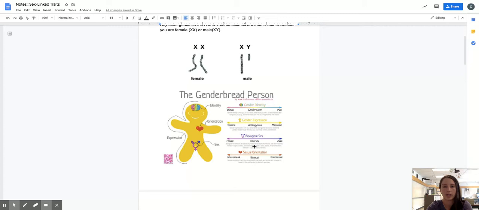People can also be intersex biologically, and we looked at a couple of examples of this in the karyotyping activity, where you have different combinations of X and Y chromosomes. Sometimes you can be intersex even with two X or just one X and a Y, based on the hormones that are released. So there is a variety of biological sexes that you can have.